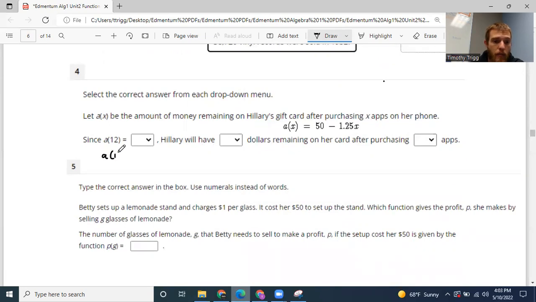So A of 12 is going to be 50 minus 1.25 times 12. Go ahead and calculate what this is. Keep in mind, you do this multiplication first before you do the subtraction. Once you have that answer, that means Hillary will have blank dollars remaining on her card after purchasing blank apps. So figure that out.